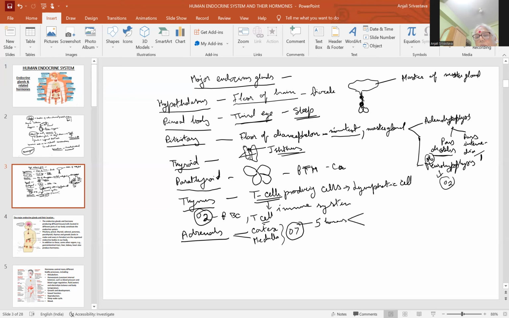categorized into 2 groups, together called corticoids: mineralocorticoids and glucocorticoids.